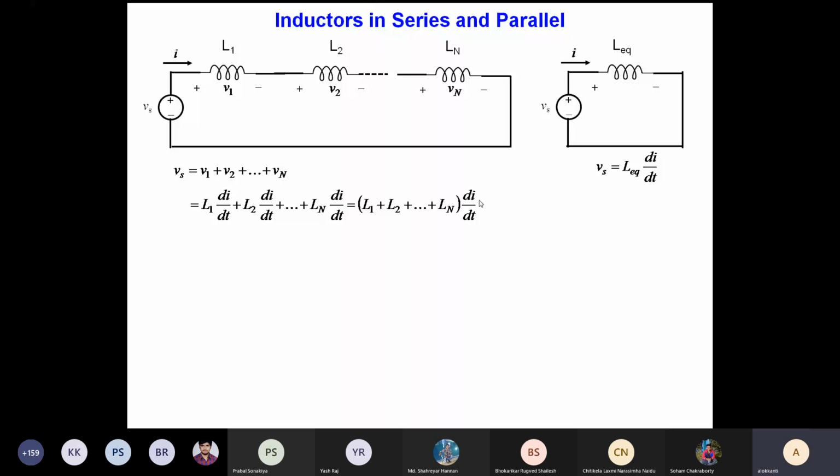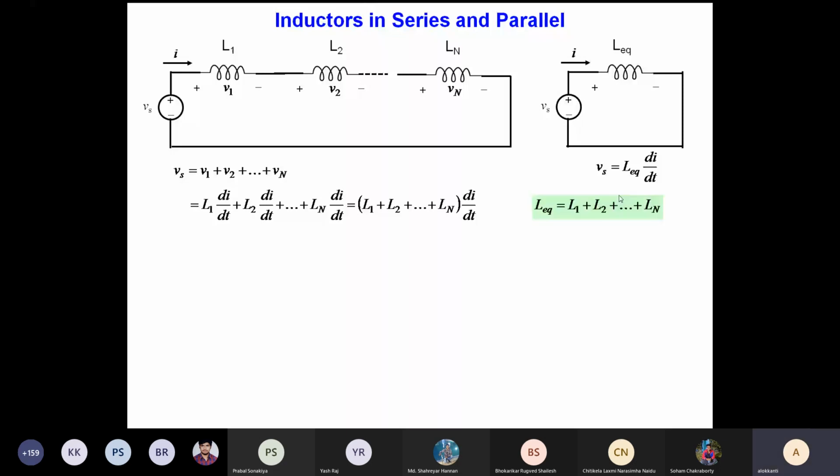There are n inductors. For the equivalent inductor, it is basically V equal to Leq di/dt. We compare these two expressions, because we are trying to find out if it is possible to express it as an equivalent: L1 plus L2 up to Ln.